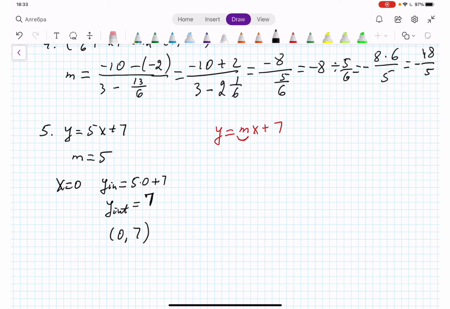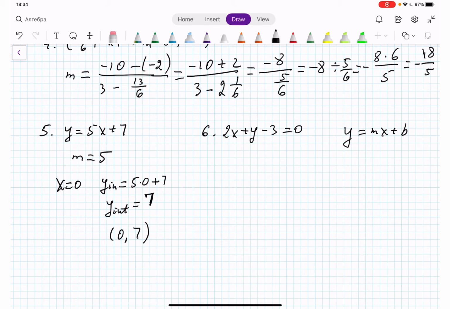Number 6. 2x plus y minus 3 equal 0. Okay. So to find slope, I have to write down in the format how much y is equal, right? In the format y is equal mx plus b, meaning need to find the y.